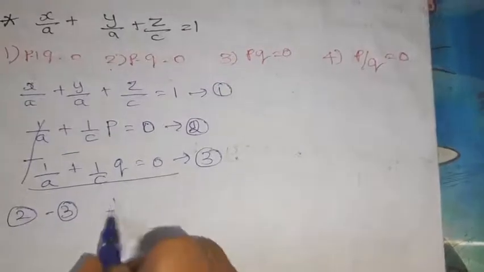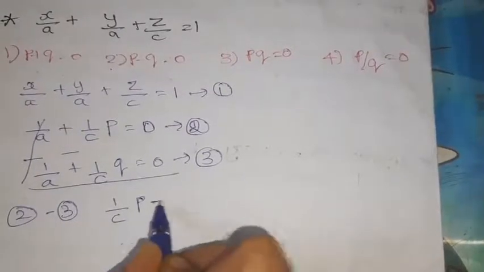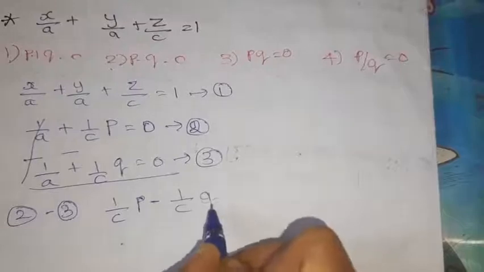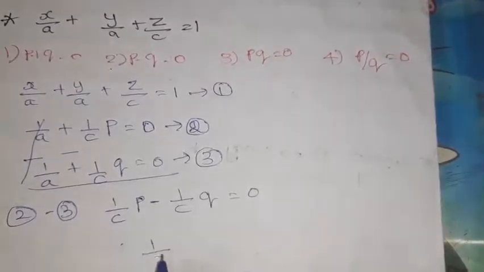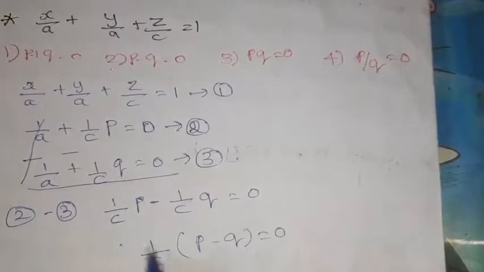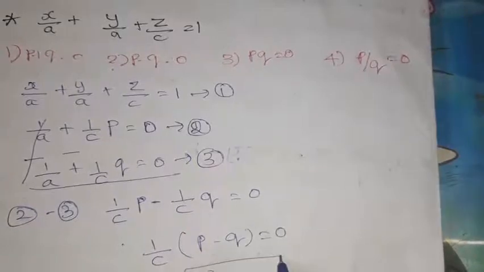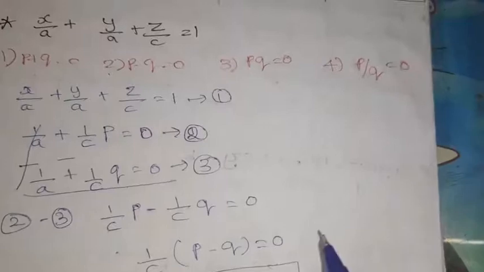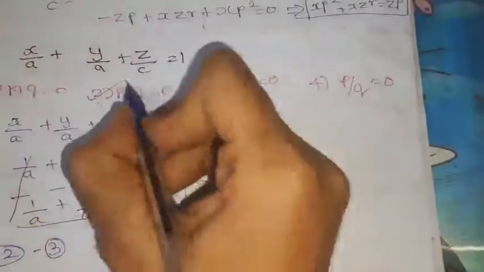So 1 by c p minus 1 by c into q equal to 0. Take 1 by c common, p minus q equal to 0. So 1 by c goes to that side as 0. So p minus q equal to 0. So what is the option? Option 2 is the right option for this problem.